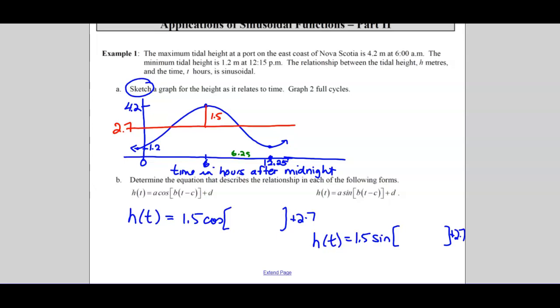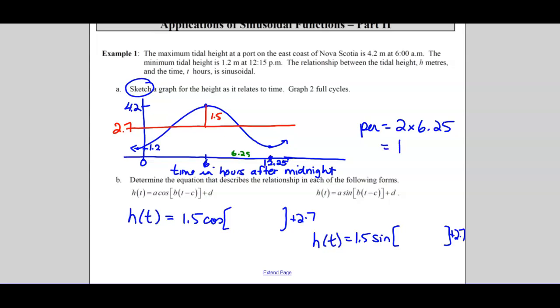So in this case, we already figured out from a max to a min was 6.25. For the period, we need double that, right? So the period is going to be 2 times 6.25, because a max to a min is only half of a mountain and half of a valley, right?